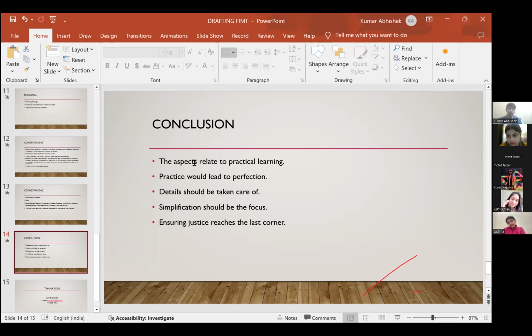Unless you draft one or two plaints or write a written statement or appeals or counter affidavits, you would not get to know the nuances and nitty-gritties of that particular draft. So that's why we say that only practice would be leading you to perfection.